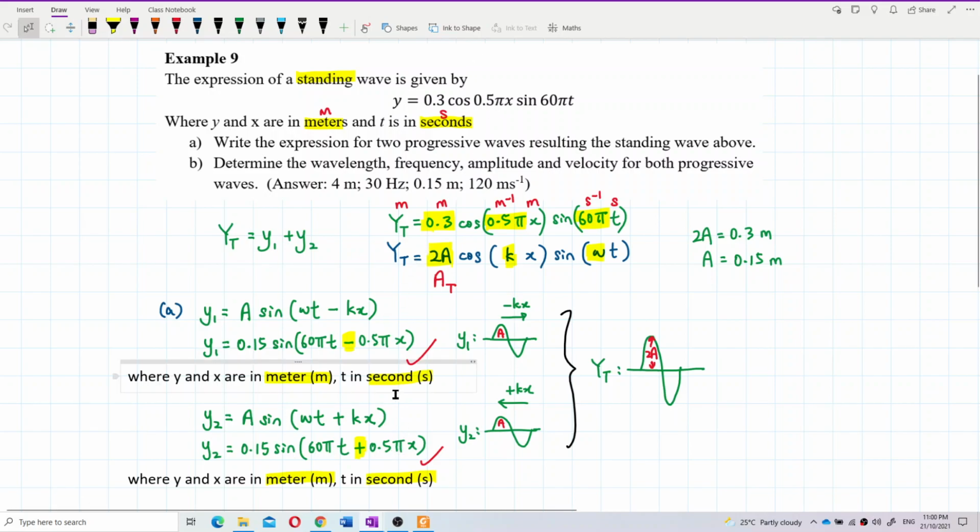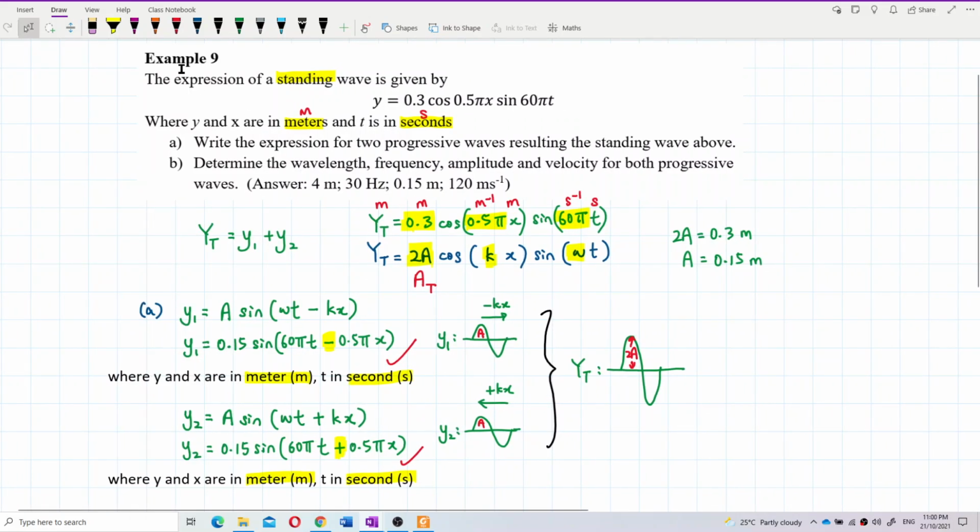Kx. And then they just differ by positive, negative. That is the direction of the wave. Opposite direction of wave. One to the right, and then positive kx is to the left. Okay, so these are the two formulas. So now this is what is meant by expression, and this is what is meant by expression. It means you want the equation.